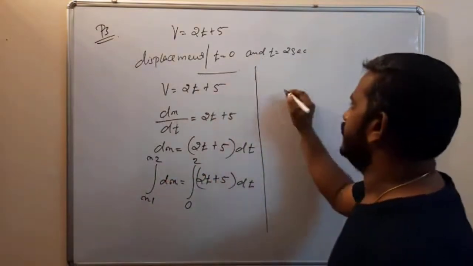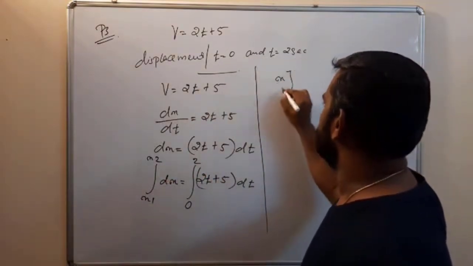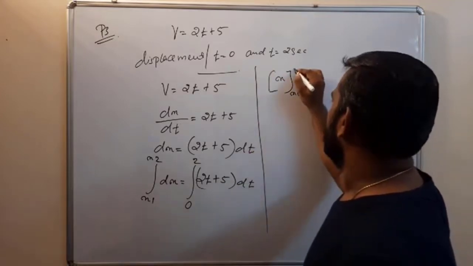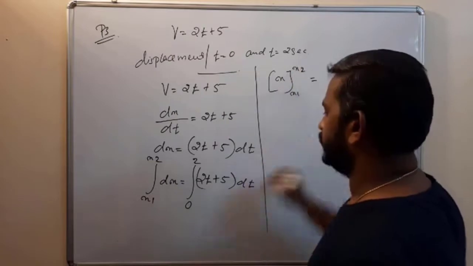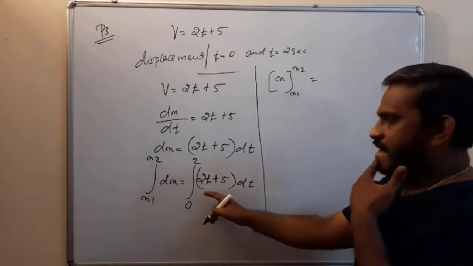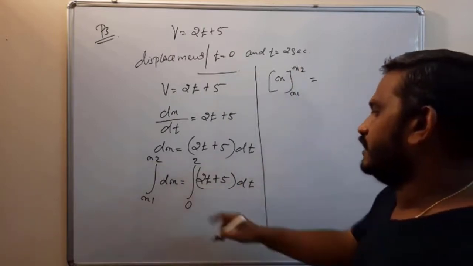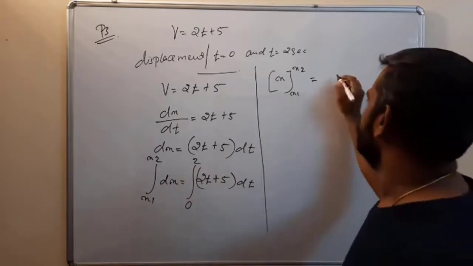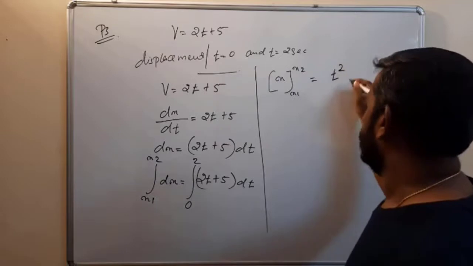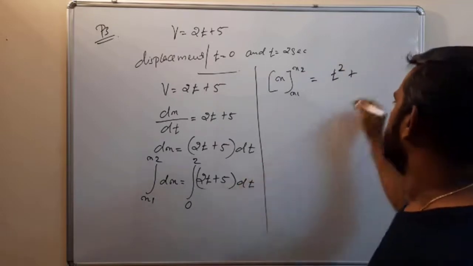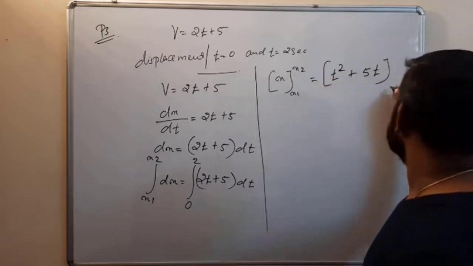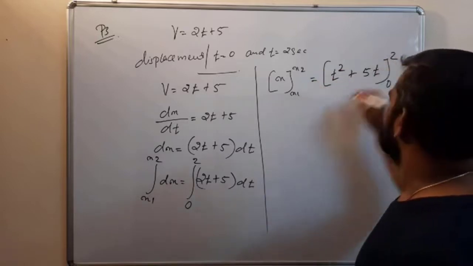So integration of dx, that is x, from x1 to x2, is equal to the integration of 2t, that is 2t square by 2, that is t square, plus 5 dt, that is 5t. The limit is 0 to 2.